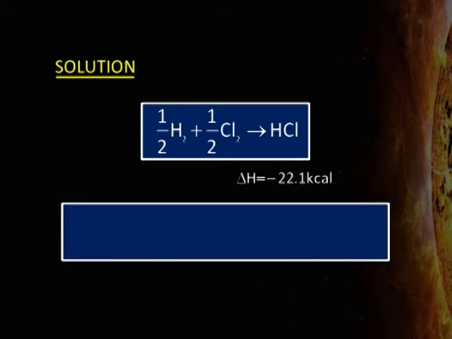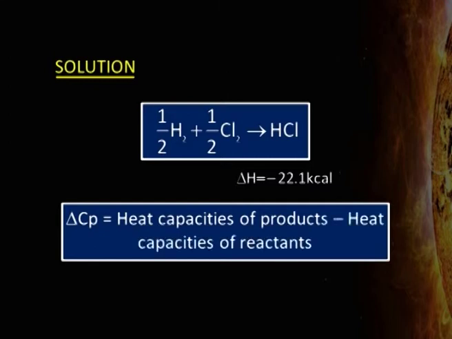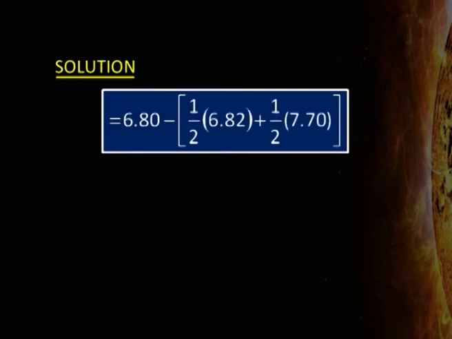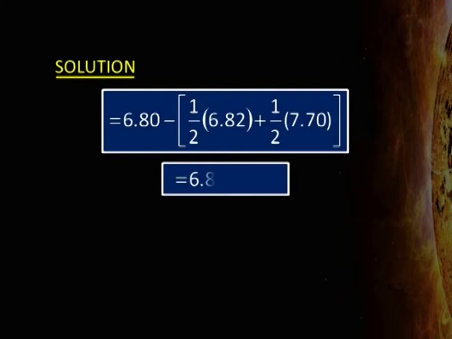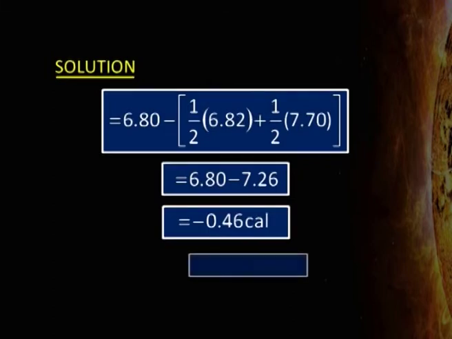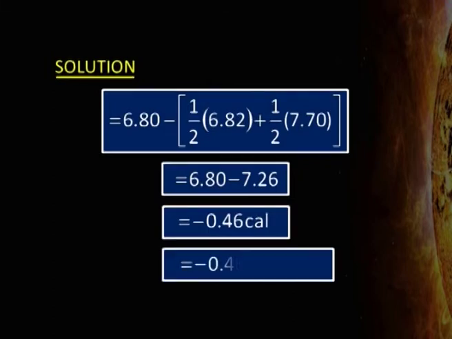Now delta Cp will be equal to heat capacities of products minus heat capacities of reactants, which is equal to 6.80 minus half into 6.82 plus half into 7.70, which is equal to 6.80 minus 7.26 equal to minus 0.46 calories, or we can say that minus 0.46 multiplied by 10 to the power minus 3 kilocalories.